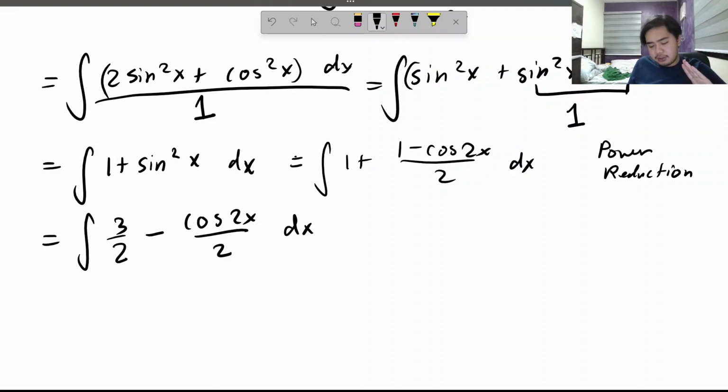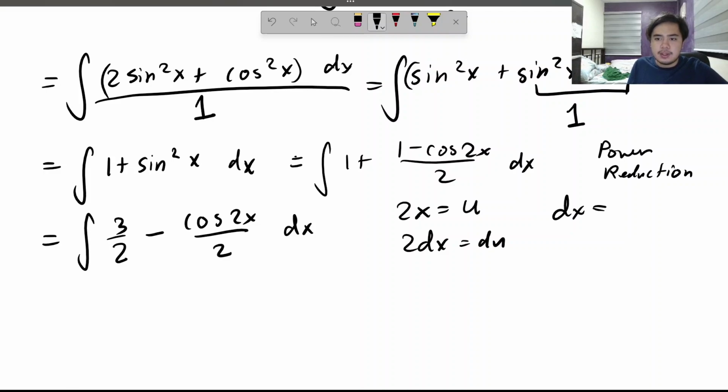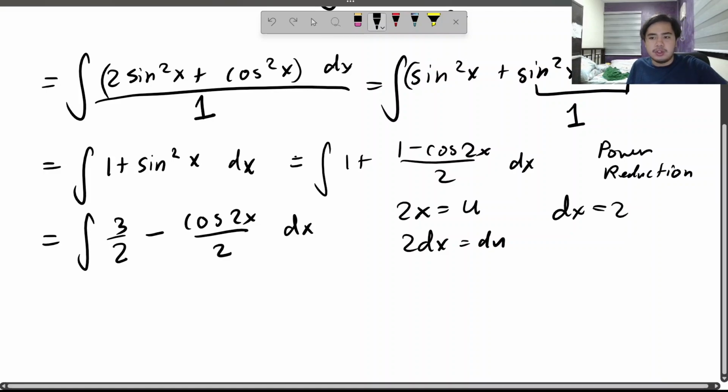But if you want to, we can substitute 2x to be equal to u, just so this goes easier. So 2 dx is equal to du, or dx is equal to 1 half du.